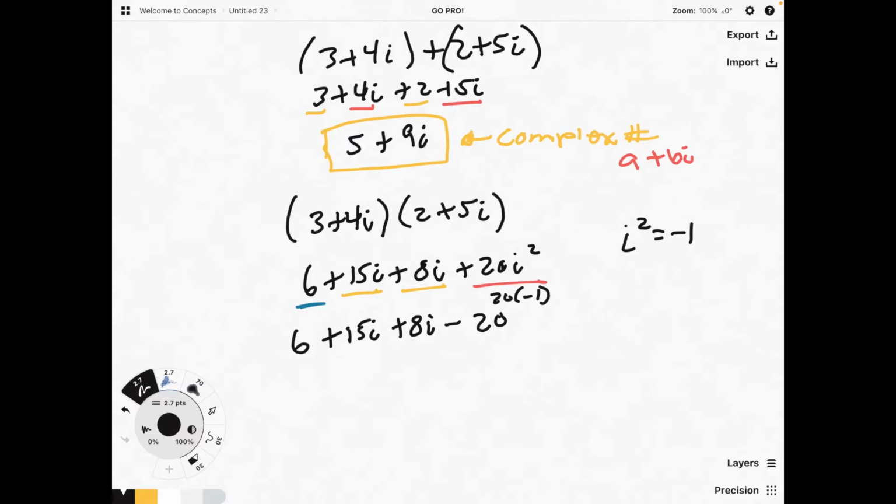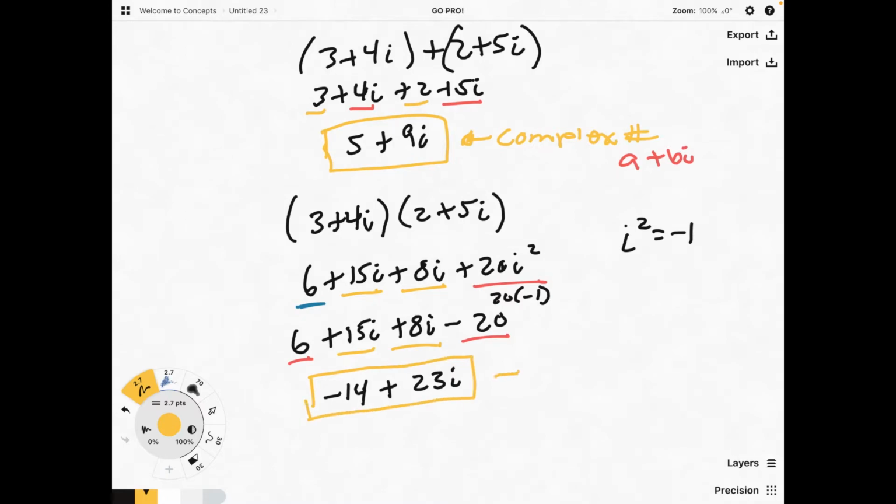We can further simplify this now by combining this like term and this like term, and then combining this like term and this like term. If we were to combine all of the like terms, we would get -14 plus 23i. This problem cannot be simplified further, and therefore this is our answer, and it is considered a complex number.